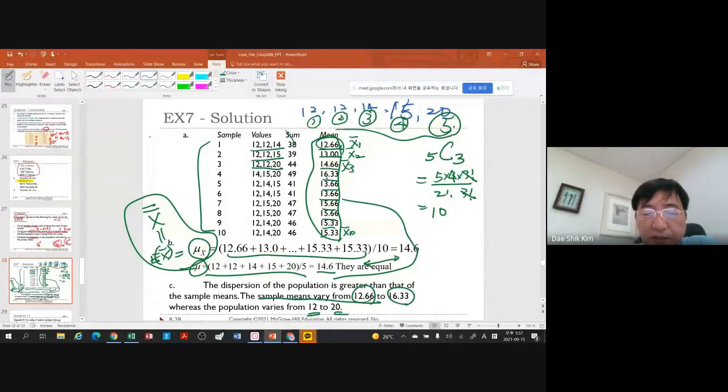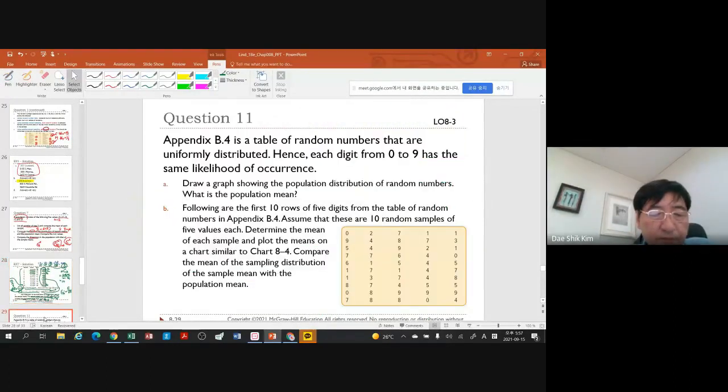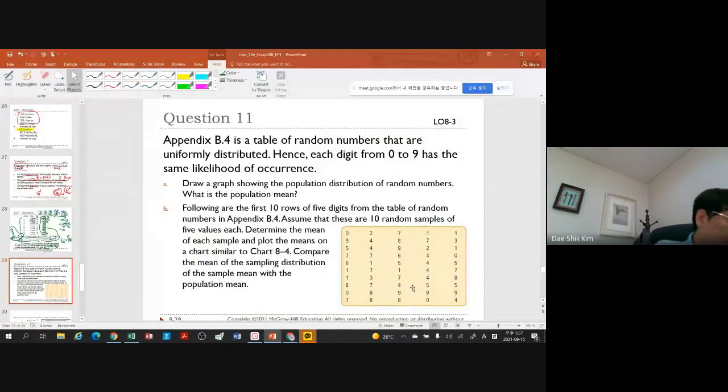This is just maximum minus minimum, the range. The range is less than 4, but the population range is equal to 8. So the sample mean dispersion is smaller. We already know the sample mean standard deviation is equal to the population standard deviation divided by the square root of n. Central limit theorem.